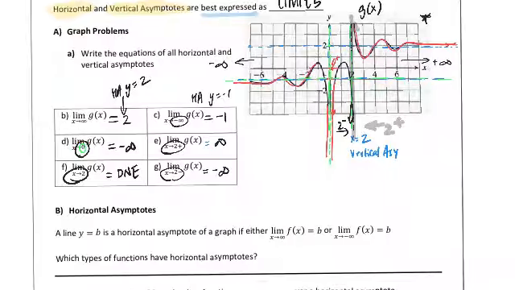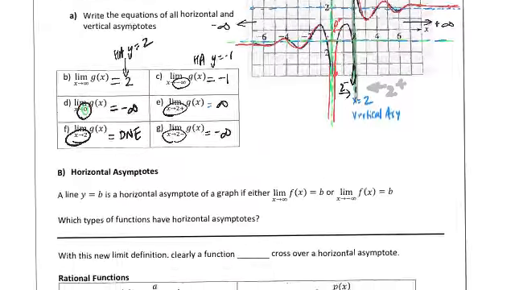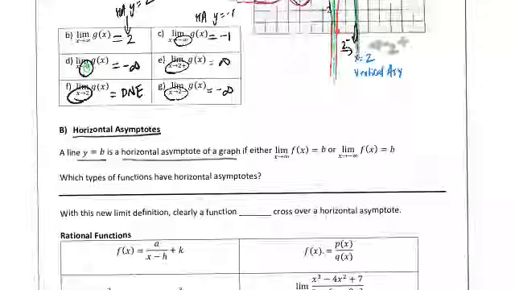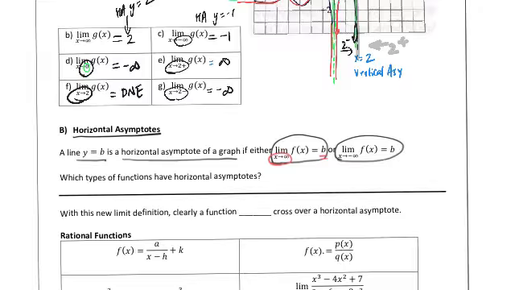How do we look at asymptotes from a graphical standpoint? But let's make that clearer by talking specifically about the limit definition. A line y equals b is a horizontal asymptote of a graph if either the limit of f of x as x goes to infinity is b, or the limit of f of x as x goes to negative infinity is b.